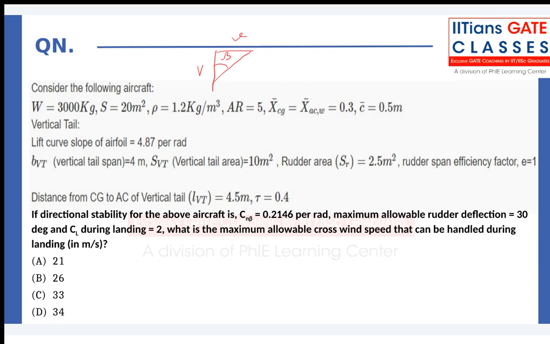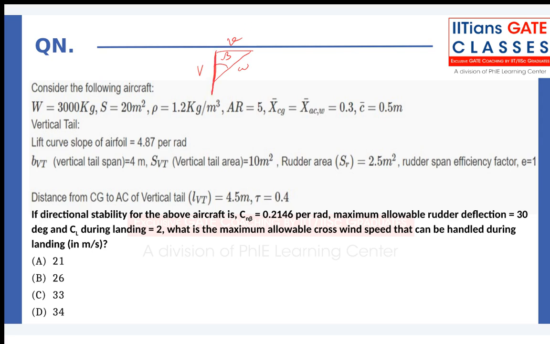This is the diagram. So this is the crosswind. Let me just denote that by W. I'm just denoting this by small v because that is the convention that we followed. This is the fuselage reference line. So this is the diagram schematic for the crosswind.